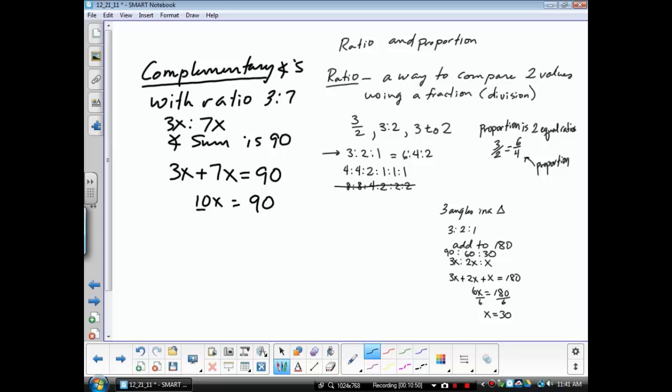So divide by 10. X is 9. So then I go back. What were these angles? 3 times 9 and 7 times 9. The actual angles were 27 and 63. You see how that works?